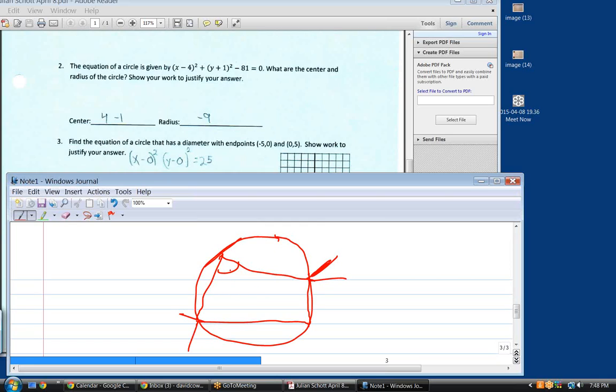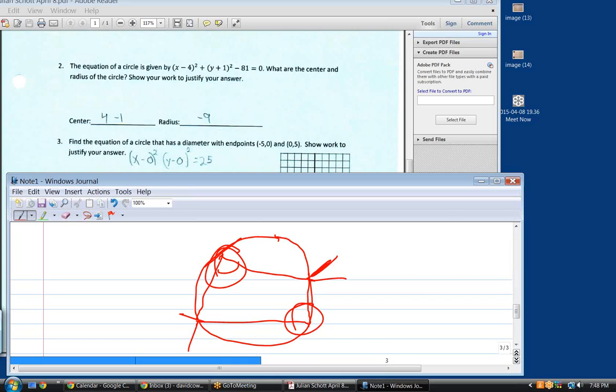When you have two chords intersecting on the circumference of a circle, the measurement of this arc is twice the measurement of that angle. So this corner and this corner, which add to 180, are always supplementary when it's inscribed in a circle.